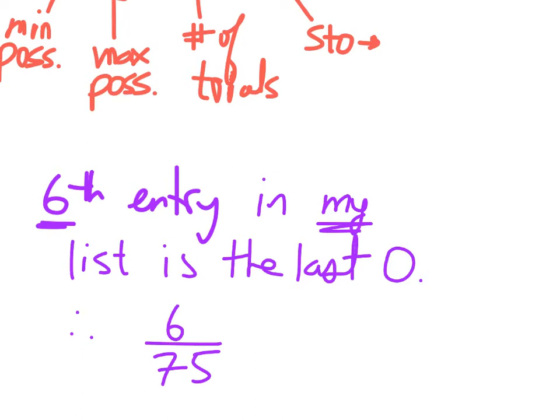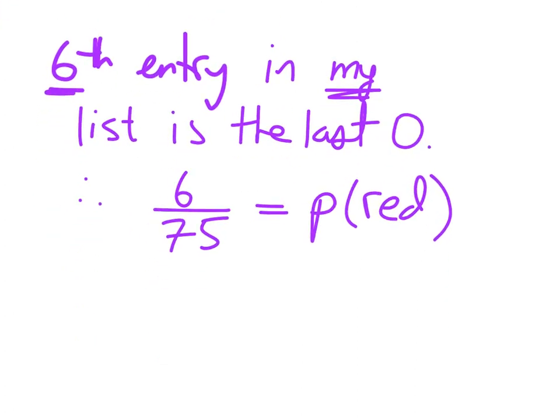All right. So how do you distinguish an experimental probability from an ordinary probability? You really don't. What we would just say is that's the probability of getting a red marble, but then we would make a note that it's experimental.